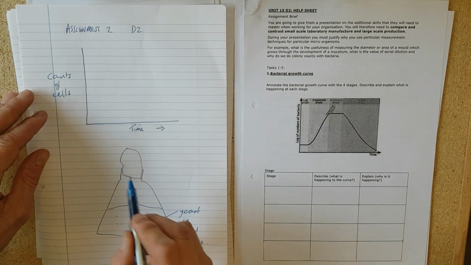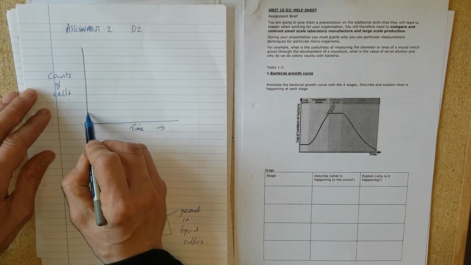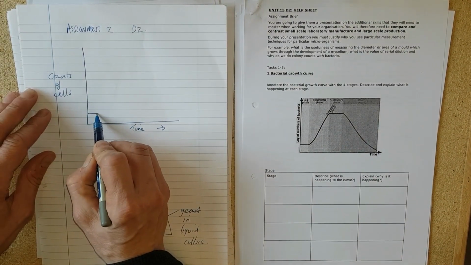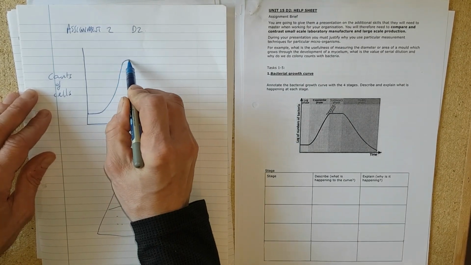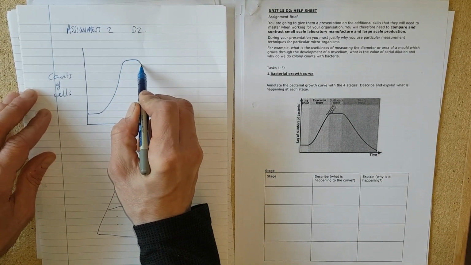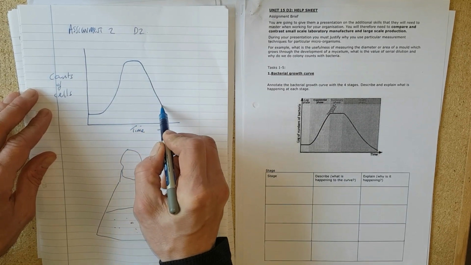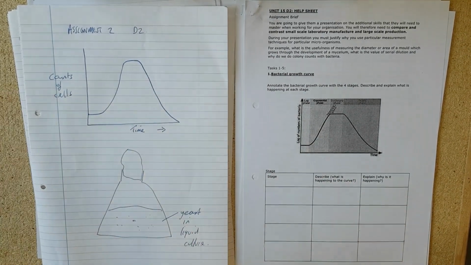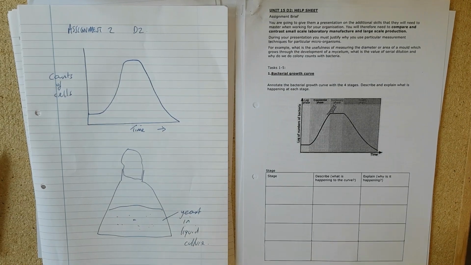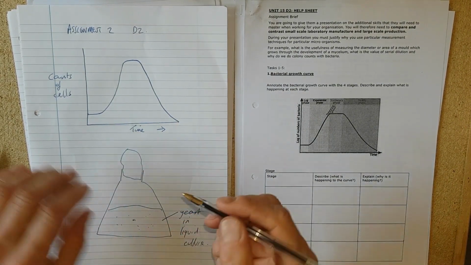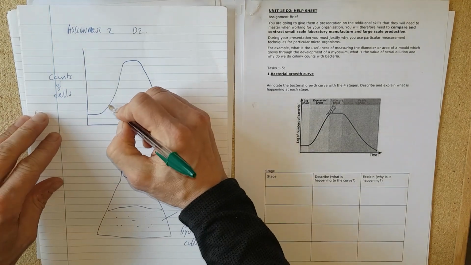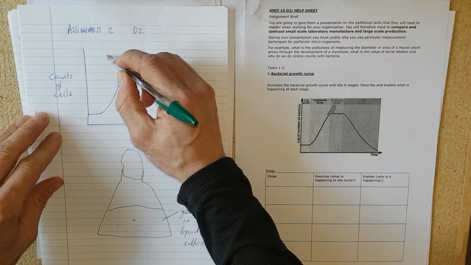And as you can see from the graph here, it starts off low, goes really steep, then levels off, and then goes down. What you need to do is explain what's going on at different points of this curve. So we can separate it into stages.